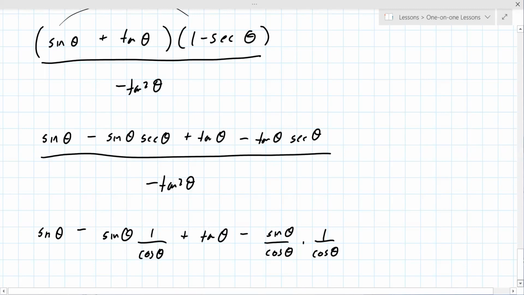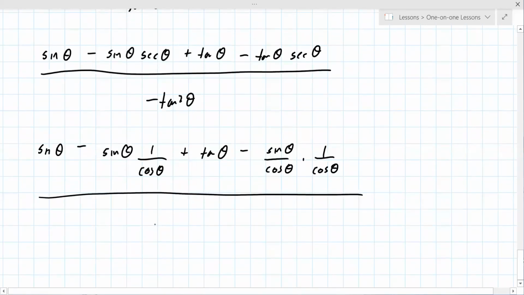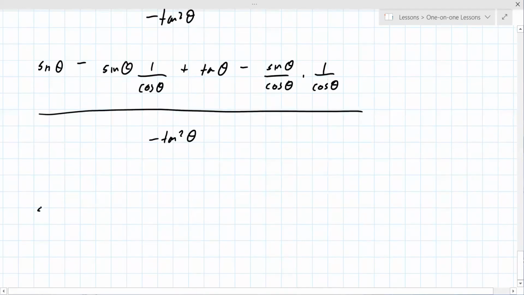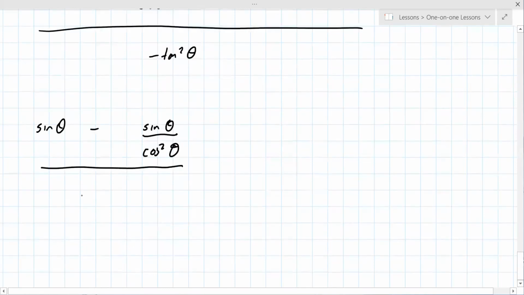So we'll get to that over minus tangent squared theta. Now you have to see that this is sine over cosine, which is tangent, and that's tangent. So do you see how those cancel? Okay, so this top becomes sine theta minus sine theta over cosine squared theta over minus tangent squared theta.